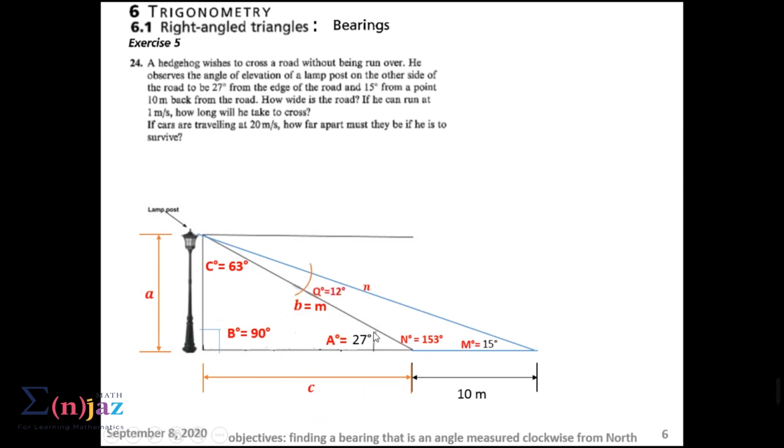Q is going to be 12. Why 12? Because when you add 15 plus 153 and subtract the result from 180, you will find 12 degrees, because angles in a triangle add up to 180. The opposite side to Q is the 10 meters.